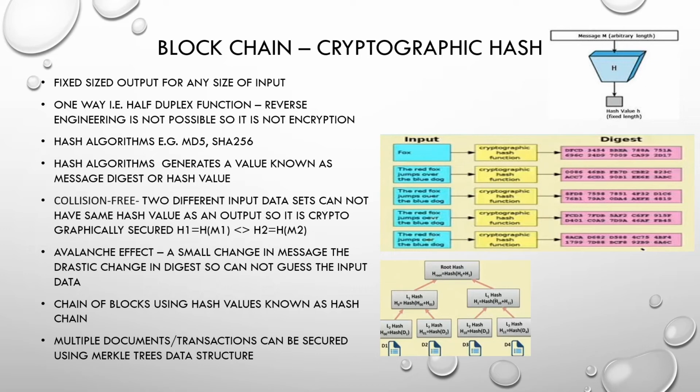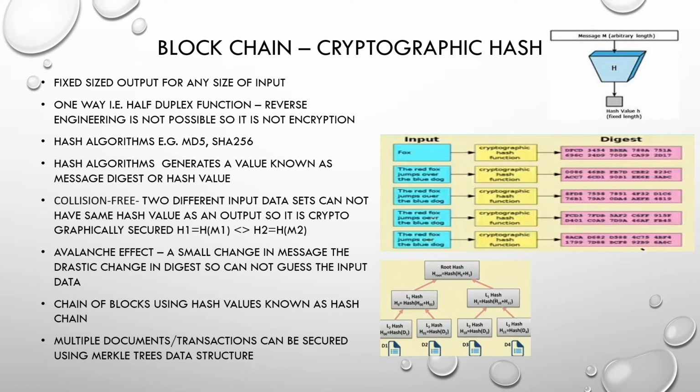Blockchain as well as your single block may have multiple transactions. So the transactions are linked using a tree data structure and the concept of the Merkle tree. The tree data structure has one root node that is connected with children nodes.